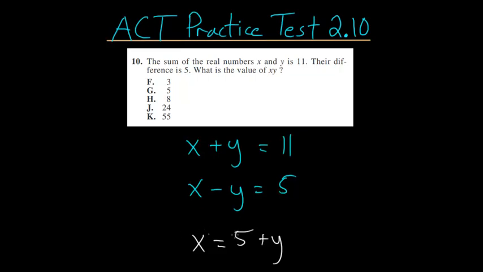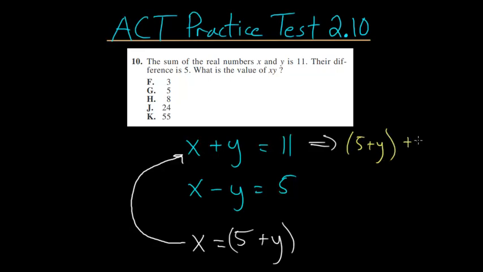The only important thing is that once you solve for one of the variables, that you plug it into the other equation. So now in this first equation, I'm going to substitute anywhere I see this x, I'm going to replace it with 5 plus y. So now this first equation will become 5 plus y, since this 5 plus y here used to be x.